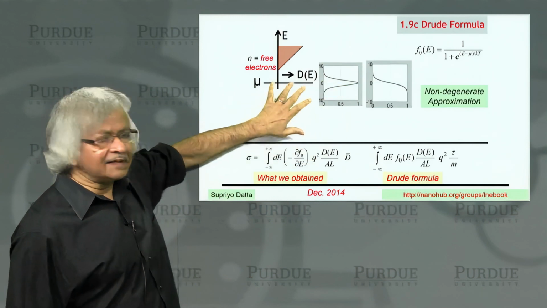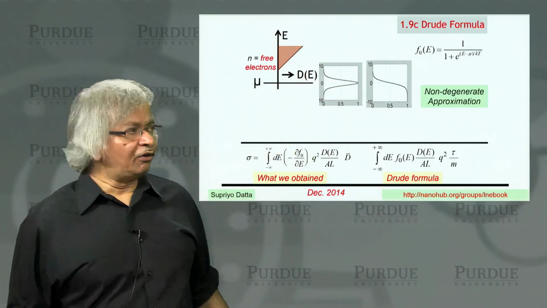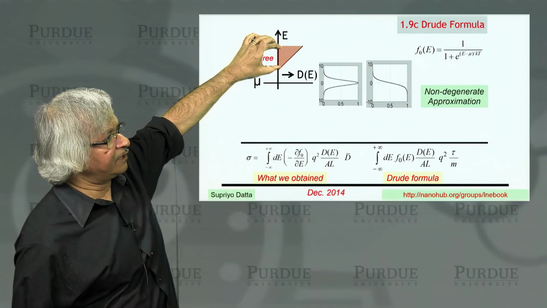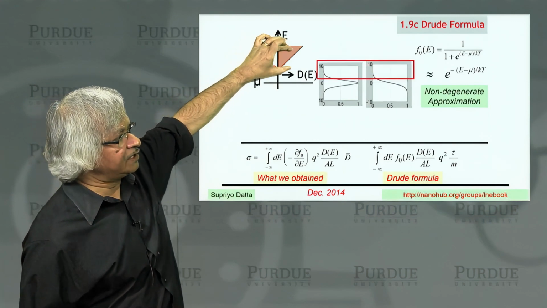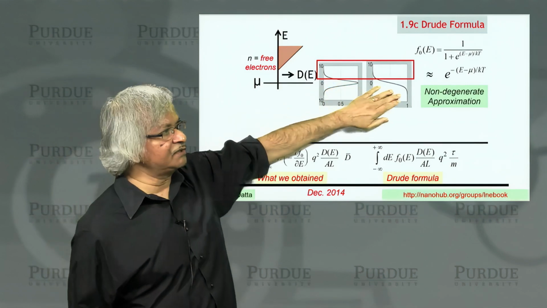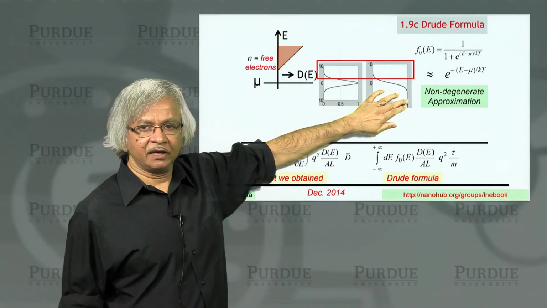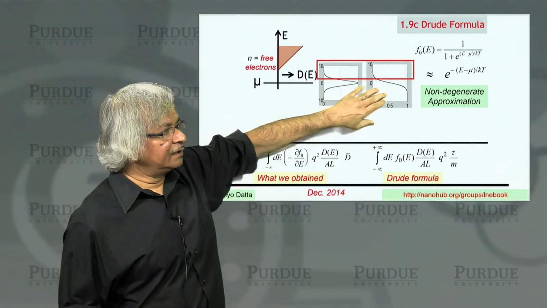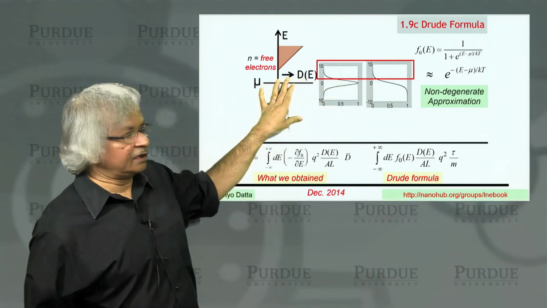Now, in this case, all the conduction is somewhere here, and so the relevant energy is somewhere here, not in this region. In this region, the Fermi function is big, but there are no states to conduct.